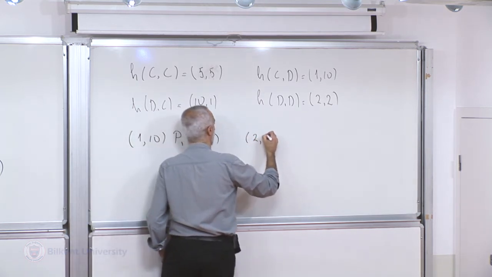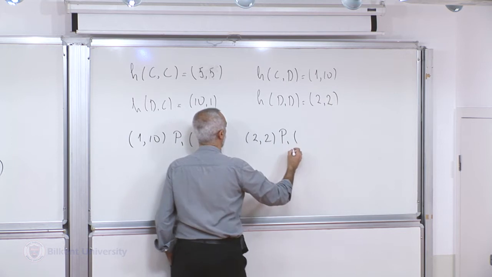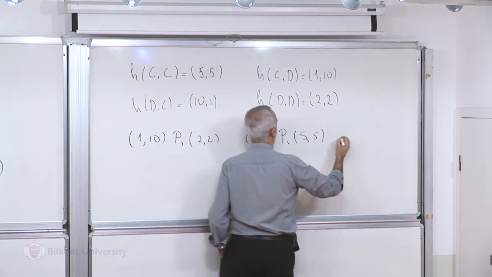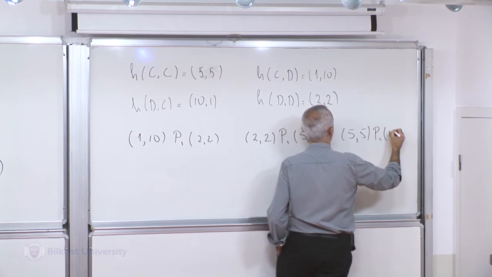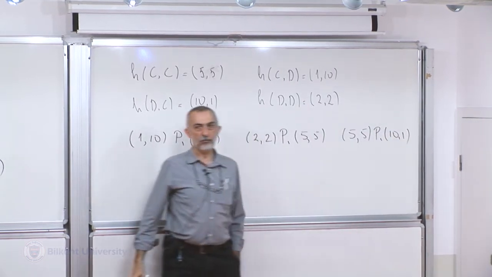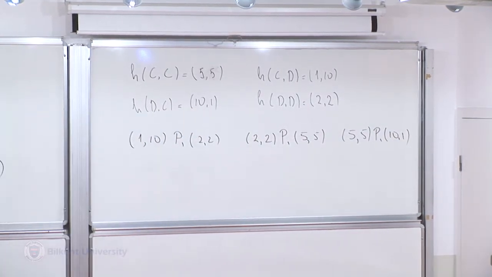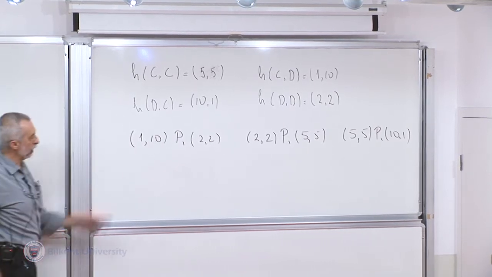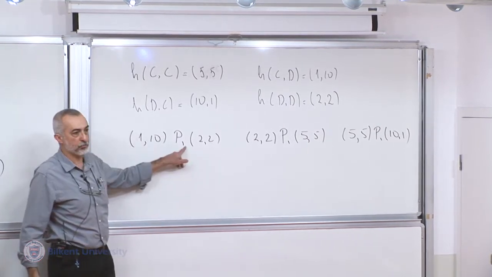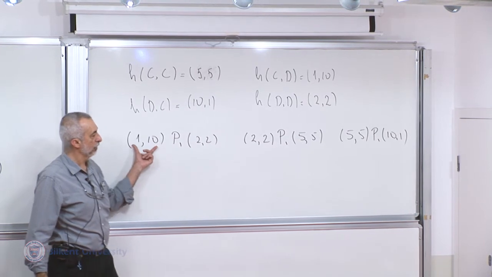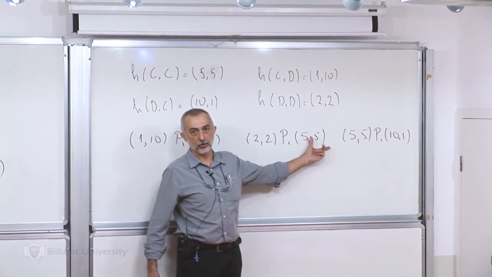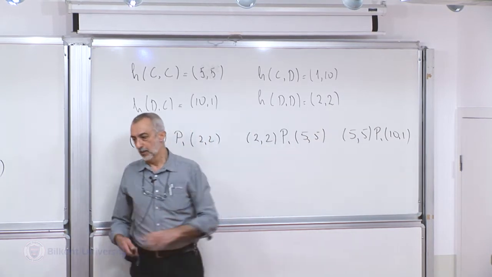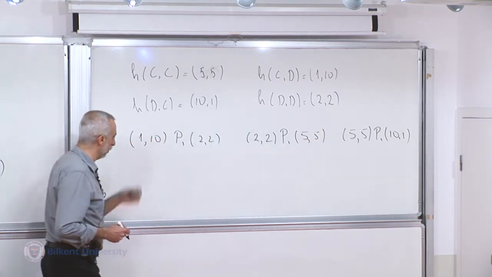He prefers the outcome (2, 2) to the outcome (5, 5). And he prefers the outcome (5, 5) to the outcome (10, 1). Because we know that preferences are transitive and complete, just by looking at this we know that player 1 prefers the outcome (1, 10) to the outcome (5, 5) because of transitivity. So I don't have to write everything, okay? Similar for player 2.